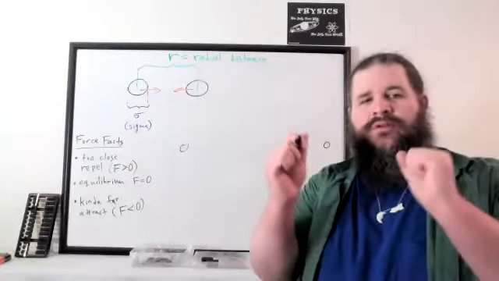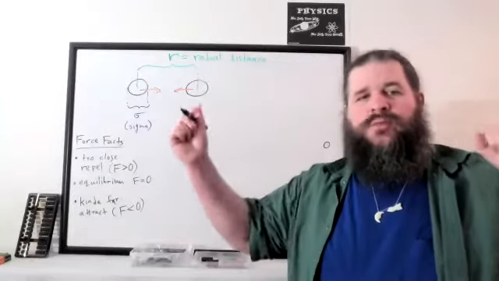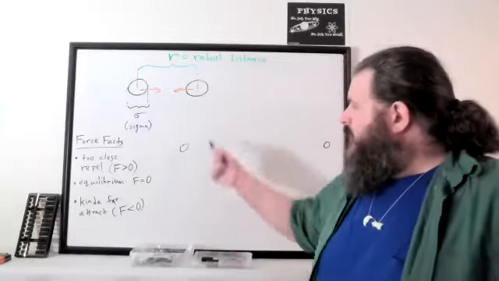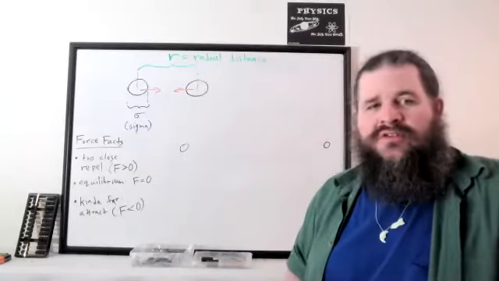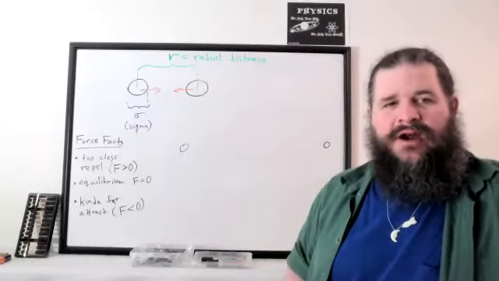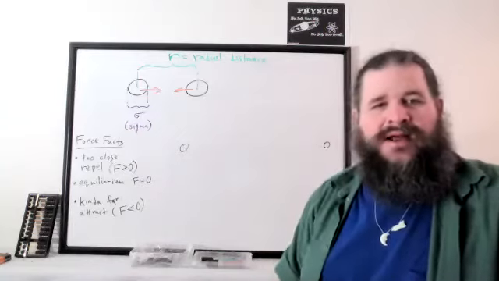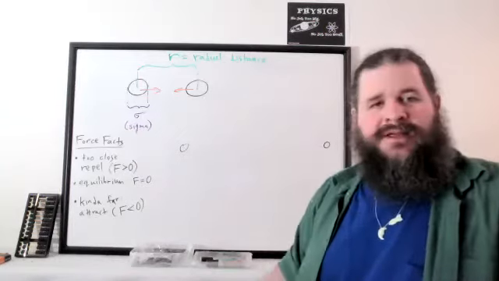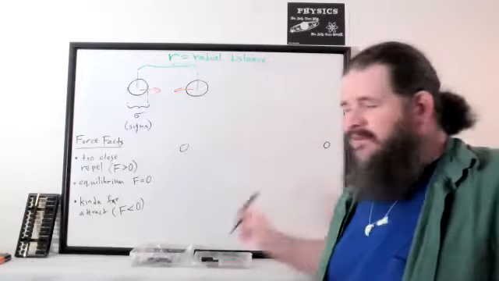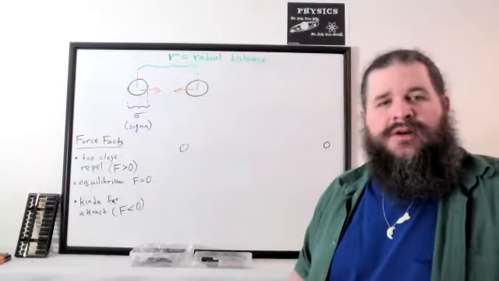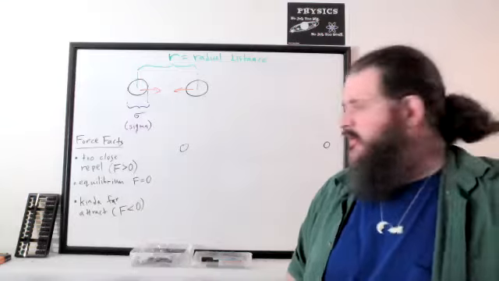When they're really far apart, the force is still there, but it's so small that it may as well be 0. Especially since these are probably interacting with other things in the universe as well. And those other forces are probably going to be stronger than this extremely weak attractive force. So when they're really far apart, the attractive force gets very close to 0.